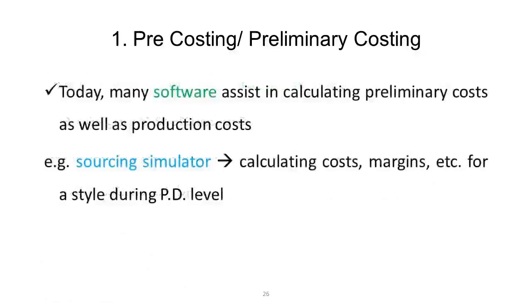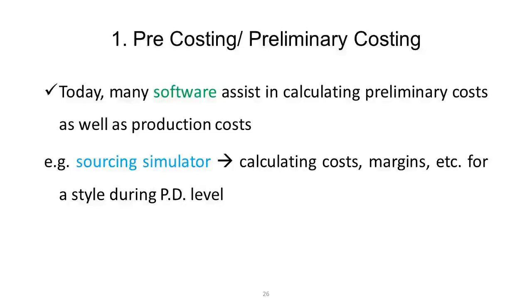If you go to slide number 26, today there are many software tools which assist in calculating preliminary cost as well as production cost. Imagine it's an Excel sheet kind of thing. You just have to input the details of the sketch in terms of the front length and the hem and the back length, and if it has a sleeve, what is the sleeve length, and things like that.